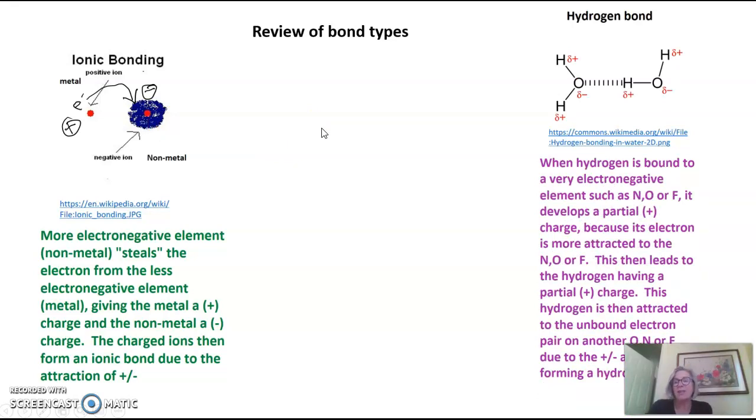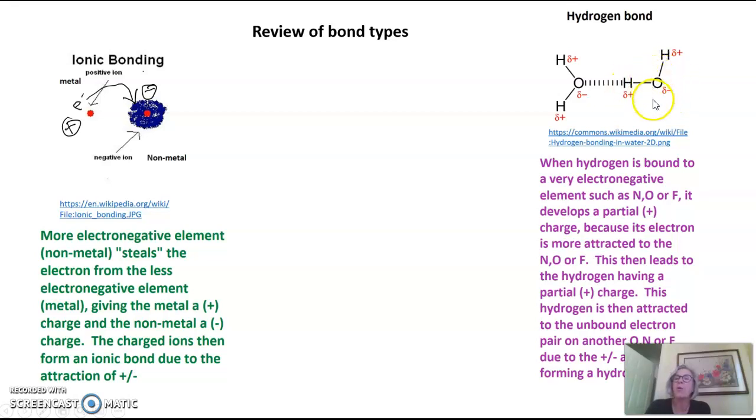Hydrogen bonds are actually misnamed. It should be called a hydrogen interaction because it's not as strong as a bond, but I'm going to go ahead and use the common terminology of hydrogen bond. A hydrogen bond is when a hydrogen is bound to a very electronegative element, like nitrogen, oxygen, or fluorine. What this very electronegative element does is it takes more than its share of the electrons in this bond.